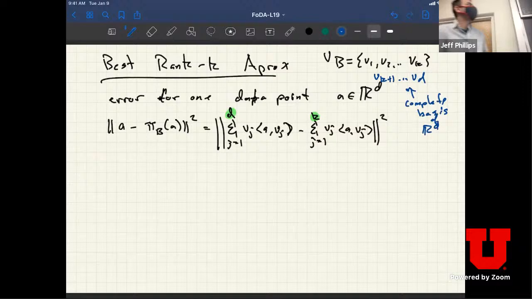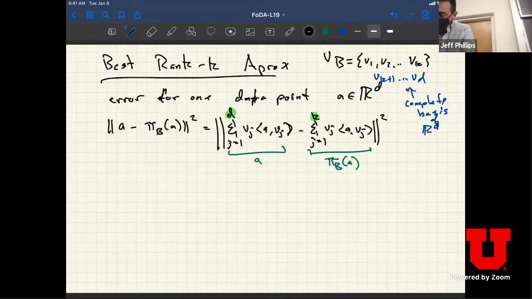Okay, so I can always pick a set of D orthogonal vectors that complete this basis, and then I can use this to write out the value of A here, right? So this recovers A, and this is the projection onto B of A. And so you see that the first K terms of these sums actually match, right?